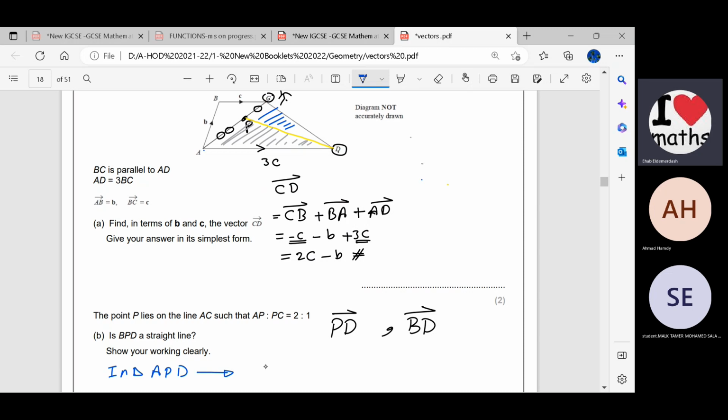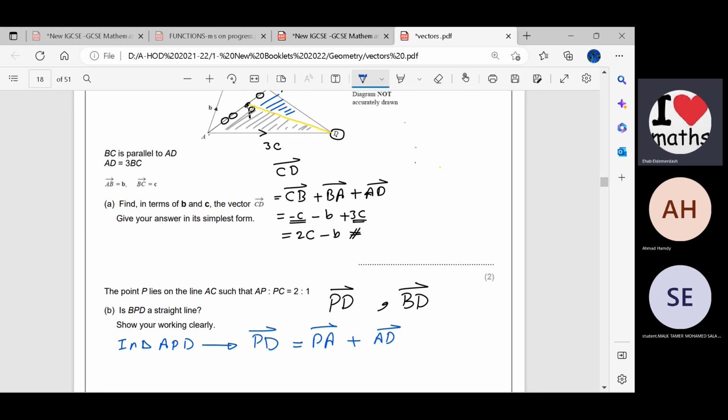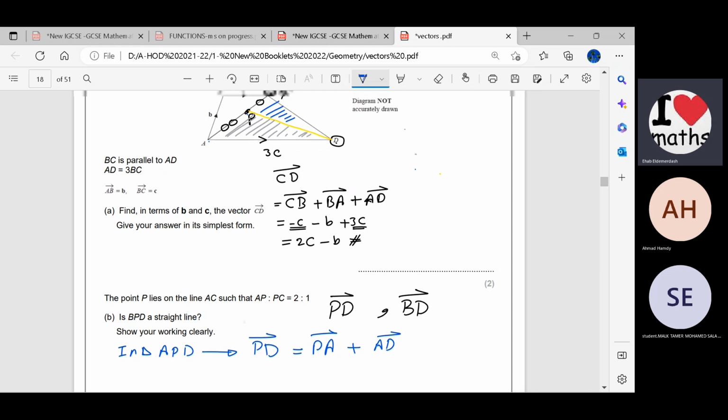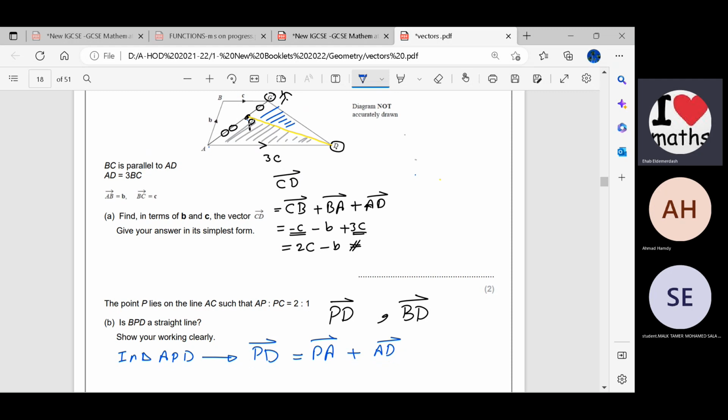You told me that you need to go for the PD vector. I want to go from P to D, so you will tell me that it is PA plus AD, right? Is that correct, guys, or am I writing it wrong? So here PD will be equal to PA plus AD. Let's translate it. PA, guys: do I have AP or AC?